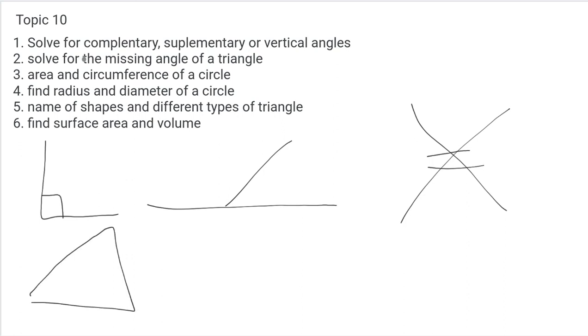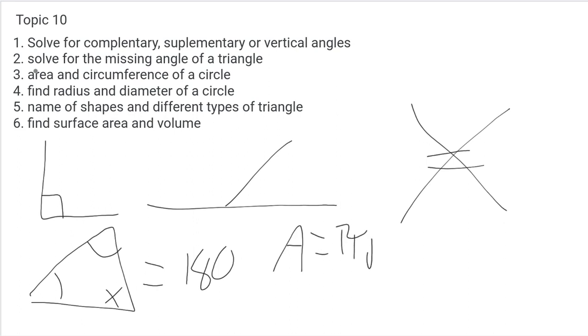Triangles, they gave us 2 sides, and we had to find the missing side, and that added up to 180 degrees. Our area equation, our circumference equation, all the different shape names, all the different types of triangles.